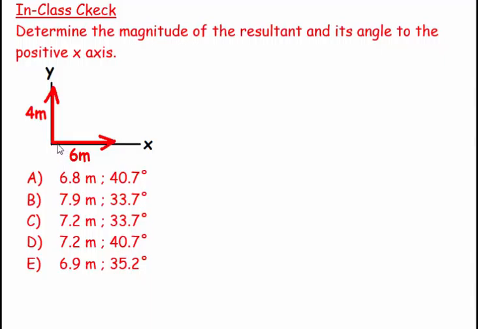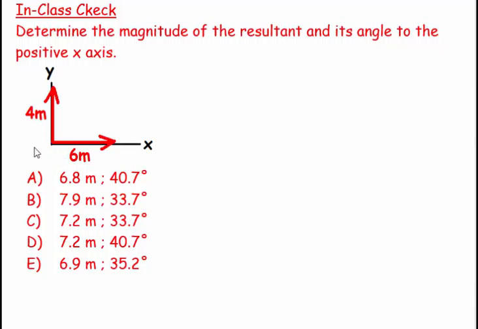And the idea is we can then just arithmetically add up all the x components and then arithmetically add up all the y components, and we end up with an x component answer and a y component answer. And often that's enough, but sometimes we want to find the actual magnitude and direction of the resulting vector. And that's what we're going to practice here.